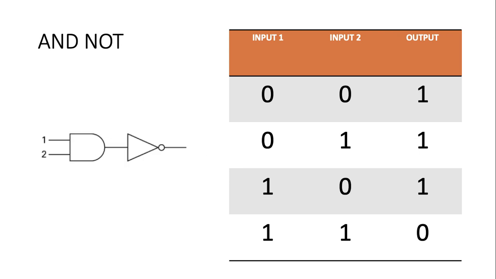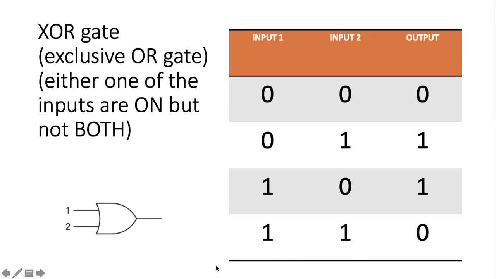Exclusive OR. Here's the exclusive OR. If only one of the two inputs is 1 or on, the output is on. Otherwise, the output is off. So this is the truth table for an exclusive OR gate.